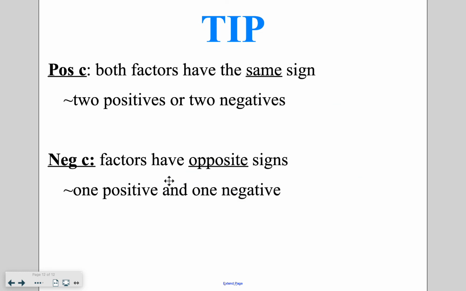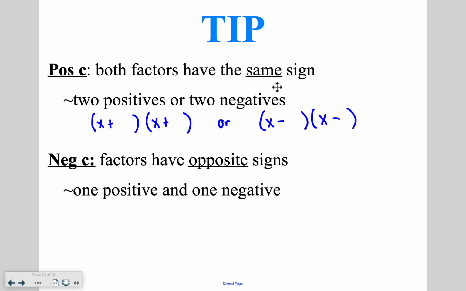Quick tip. If you have a positive c, so if that third term is a positive value, both factors are going to have the same sign. So it's either going to be x plus something and x plus something, or it's going to be x minus something and x minus something.